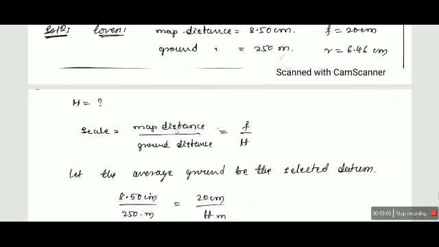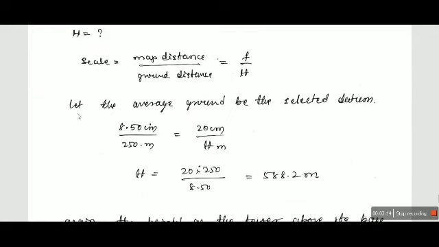We can write scale in terms of map distance divided by ground distance, equal to f divided by capital H. Here consider the datum scale formula, because the average ground is selected as the datum; the average elevation of the ground is 250 meters. Put in the respective values: map distance is 8.5, ground distance is 250 meters, focal length is 20 centimeters, and capital H is unknown.